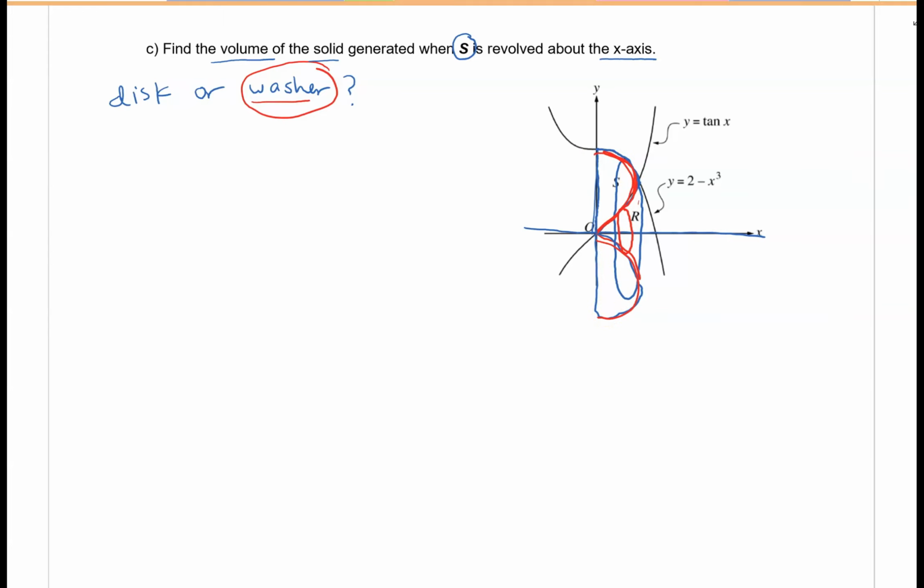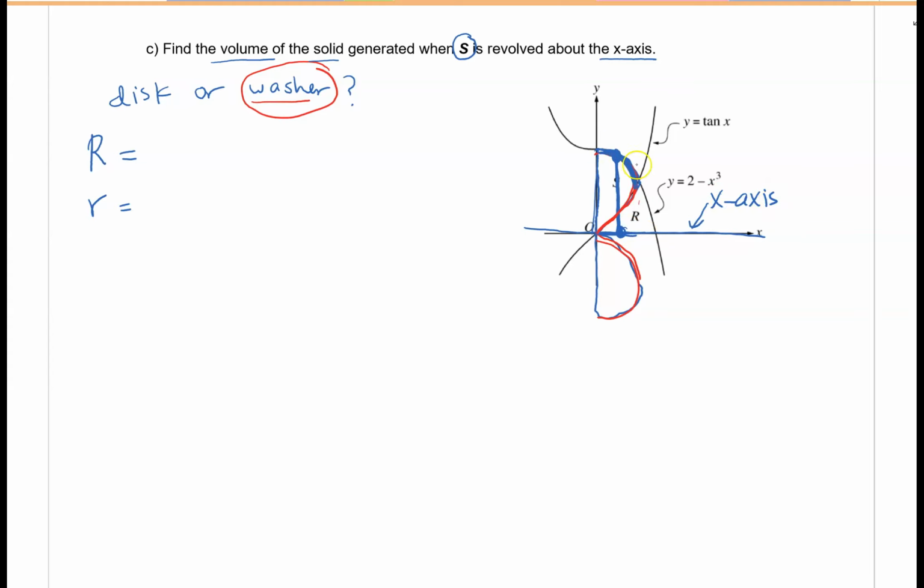So when you're using the washer method, you've got a longer radius, which I'll use capital R to represent, and then a shorter radius, which I'll use lowercase r to represent. The longer radius is the one that goes all the way from the farther boundary of the region, all the way down to the axis of revolution. When I say farther, I mean farther away from the axis of revolution, which is the x-axis.